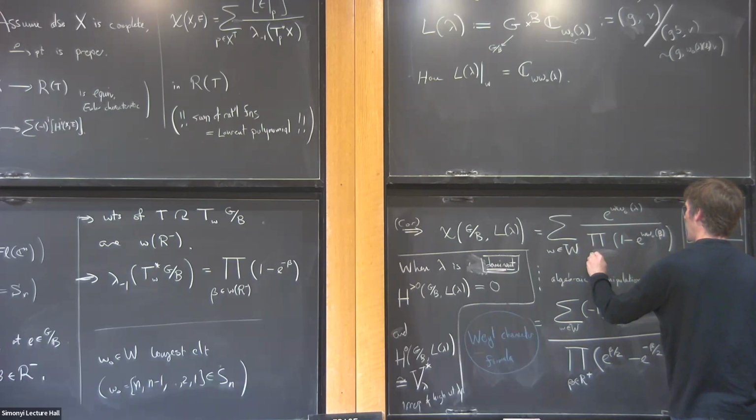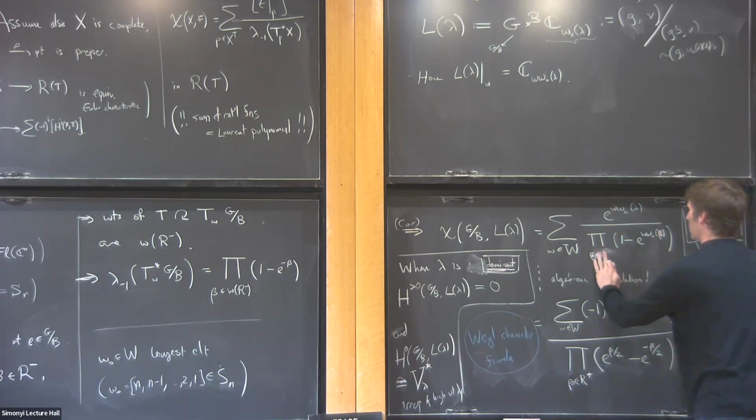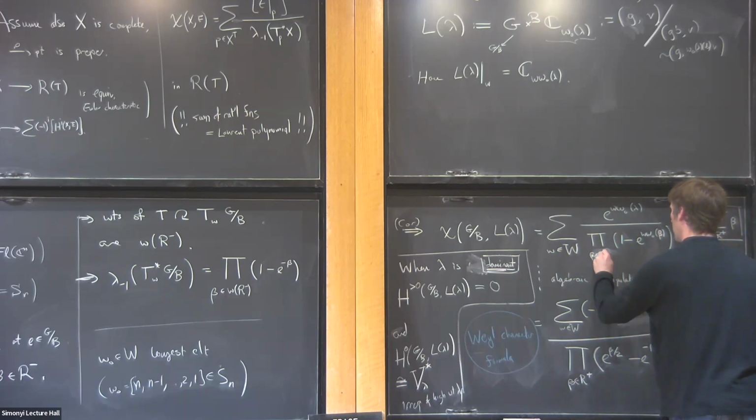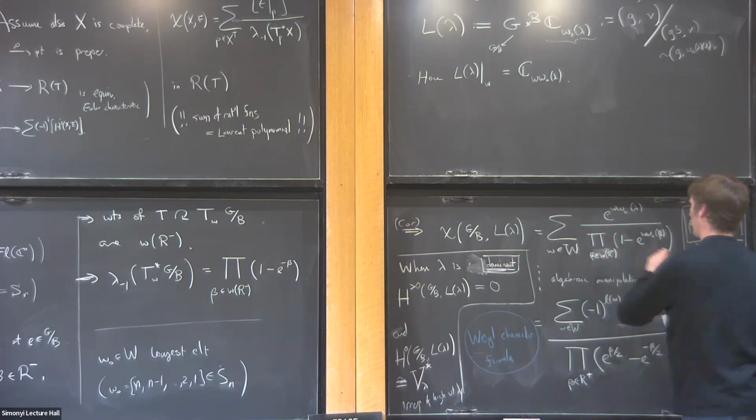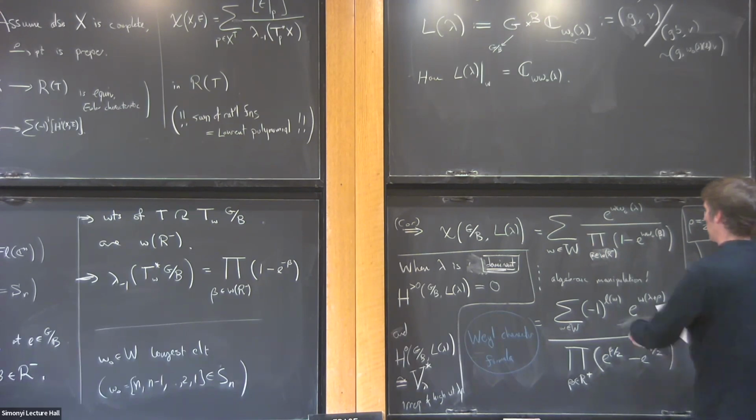Yeah, lambda should not be in the denominator. But maybe there's no W naught in that exponent of the denominator then, because you're not shifting a line, those are just the tangent space weights.